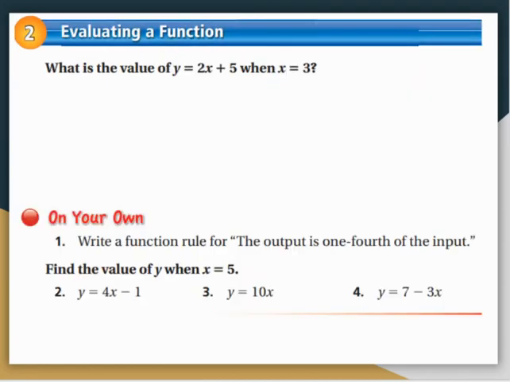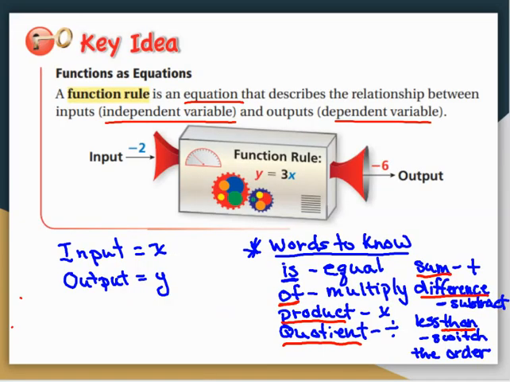All right, the other thing that we often do when we have functions is we want to evaluate the function. This will say, okay, if I have this equation, this function rule, what would be the value of y? What would be the output if x has 3 as the input? It's kind of like a little machine, like when we looked at this earlier. What goes in does our little thing and something comes out.